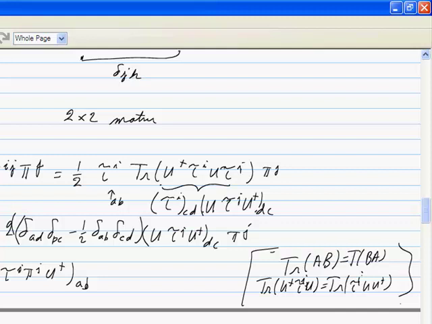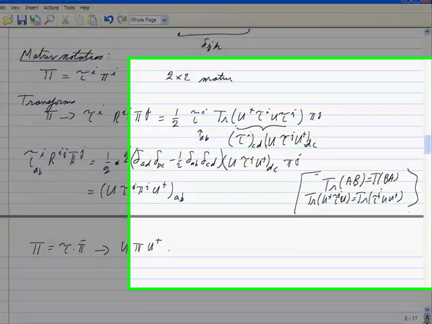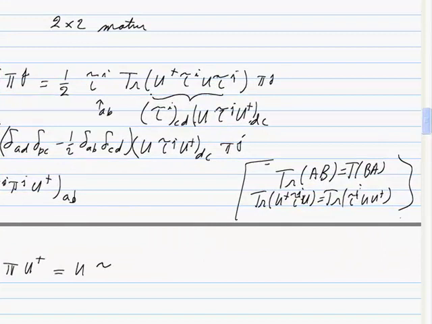So in matrix notation then, this, which is tau dot pi, goes to U tau dot pi U dagger.